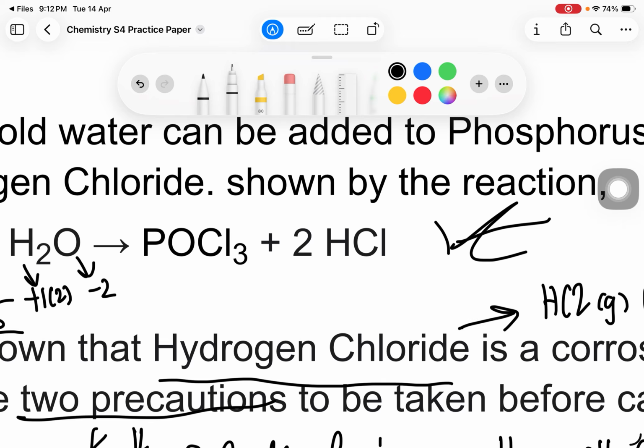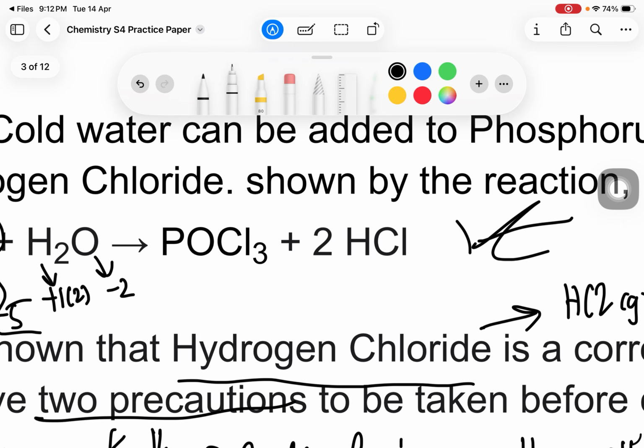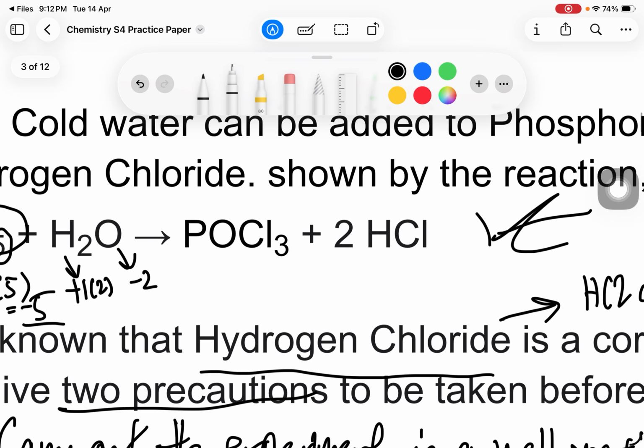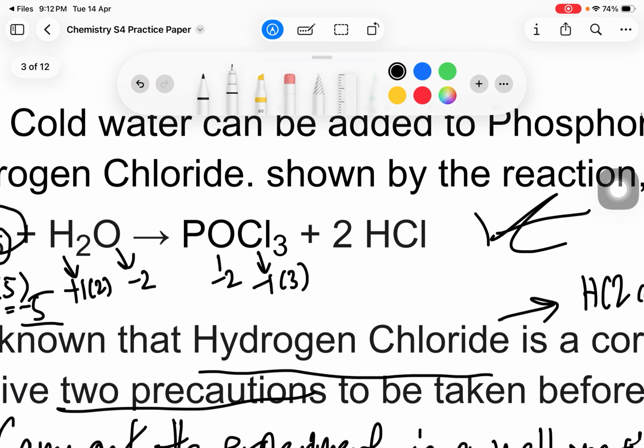So now is the crucial part we need to look at, which is the product. In POCl3, first of all, Cl is likely to be -1 as we have encountered. So this will be -1 times 3, and oxygen is likely -2, other than in H2O2 where oxygen is -1, but this is not H2O2, so it's likely -2.